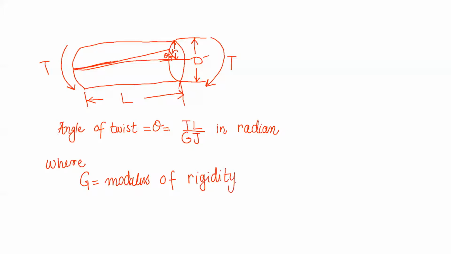This is the property of the material, and its unit will be Newton per meter square, or Pascal. And in the FPS system it is PSI, pounds per square inch.